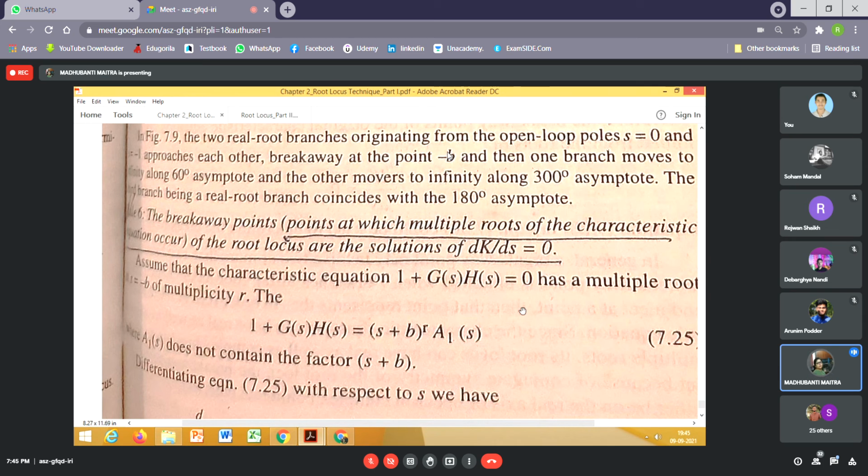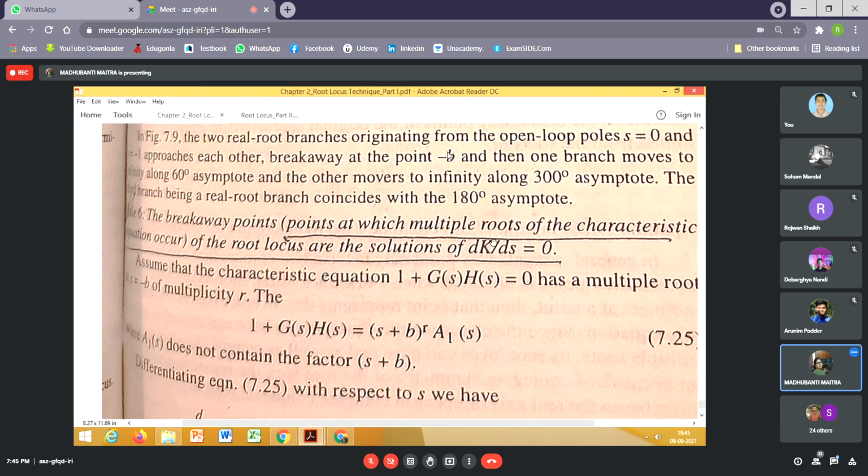If we equate that to 0, we'll get an equation of order 3, so we get 3 roots. But not necessarily all 3 roots will be breakaway points for a given system. It may so happen that only one single root will be the breakaway point.